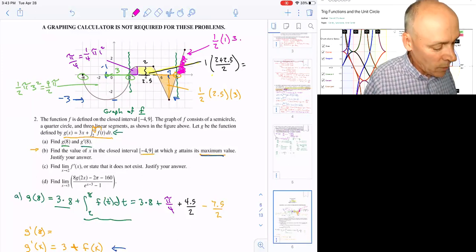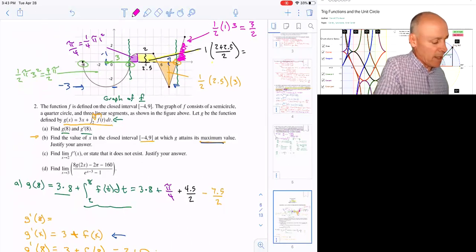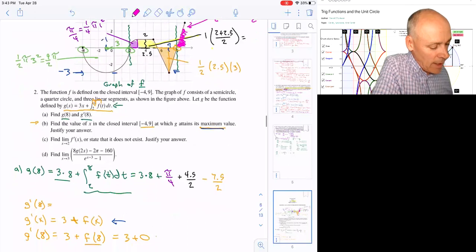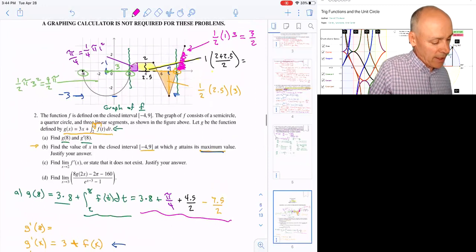So that would be 3/2. So what I had here for g at 8, I basically just have to take that, what I've got right there, and then I just need to add 3/2 to that.